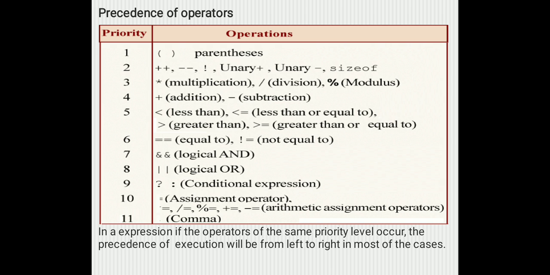And tenth is the assignment operator, a single equal to symbol, and the arithmetic assignment operators. And the last priority is the comma. In an expression, if operators of the same priority level occur, the order of execution will be from left to right in most cases.